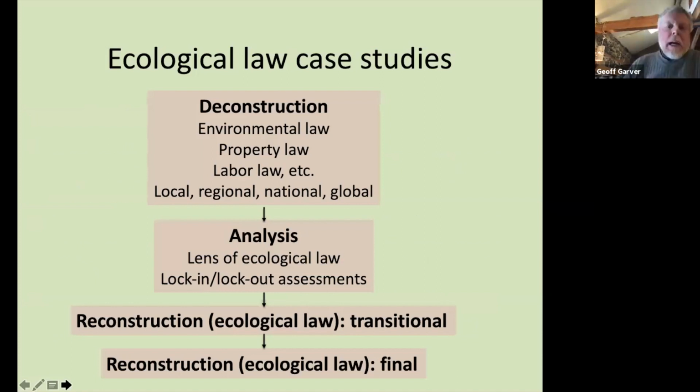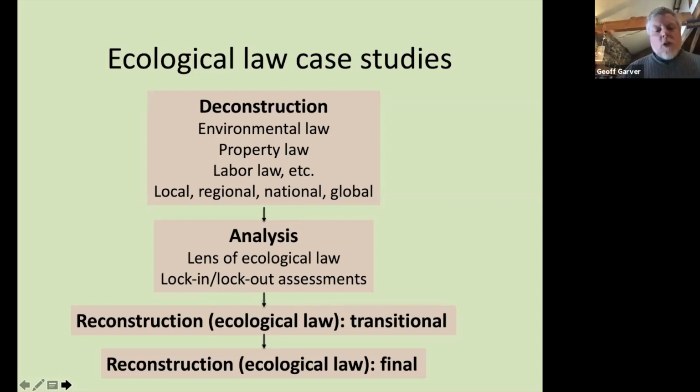So this schematic just shows you basically the idea here. So first deconstruct, and what we want to tease out there is really every part of every kind of law that would apply. So not just environmental law, but also what are the property law regimes, the labor law regimes, trade regimes, and so on. And again, at the local to the global level. Then conduct some kind of analysis to see what of that situation seems to be inconsistent and what might be consistent with the ideas of ecological law.